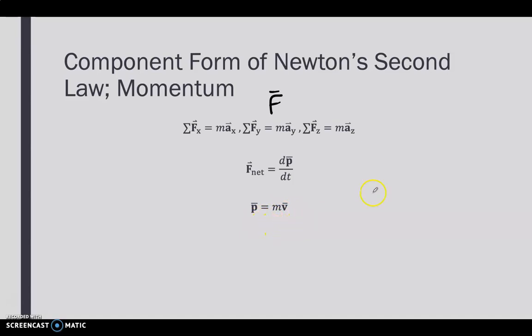If we're wanting to know what units, we can say mass is in kilograms and velocity is in meters per second. So these are the units of P, or momentum.